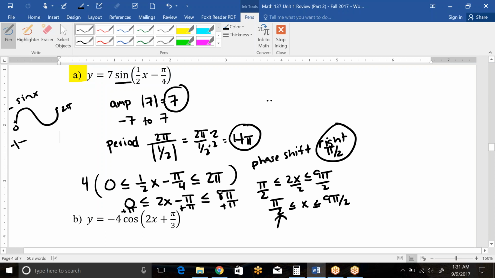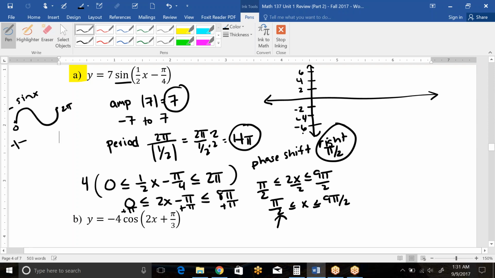I'm going to try to make this small because I don't have a lot of room. So let's say we're going to count by 2's on our y-axis: 2, 4, 6, negative 2, negative 4, negative 6.